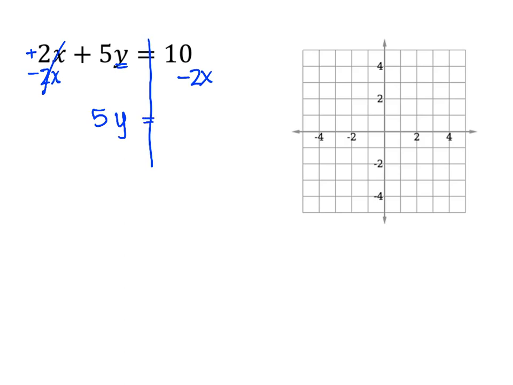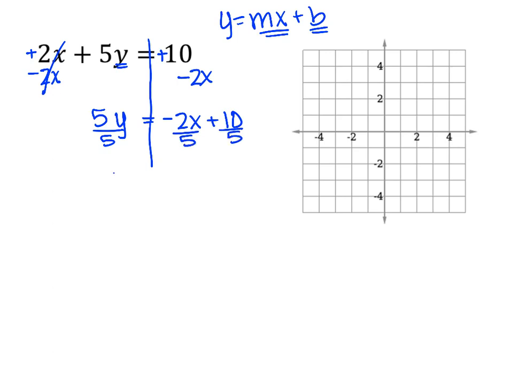Now, in order to write it in slope-intercept form, I put the term that has the x first and the one that doesn't have the x second. So I'm going to put the -2x first and then the +10 second. Remember, I can't actually add those together because they're not like terms. Then if I divide everything by 5, I end up with y equals -2/5 x plus 10 divided by 5 is 2.